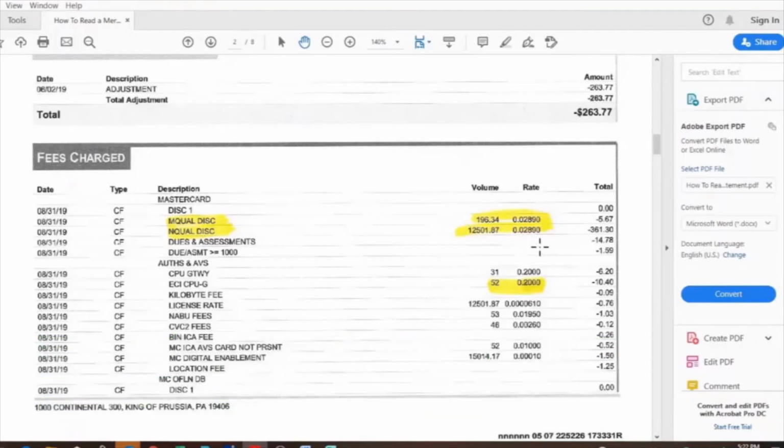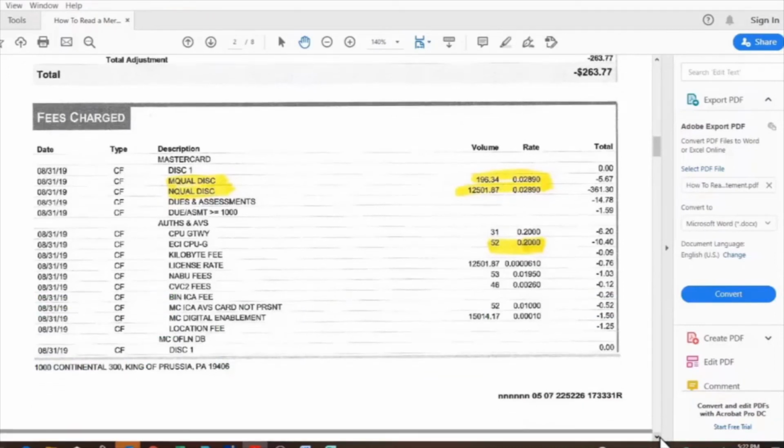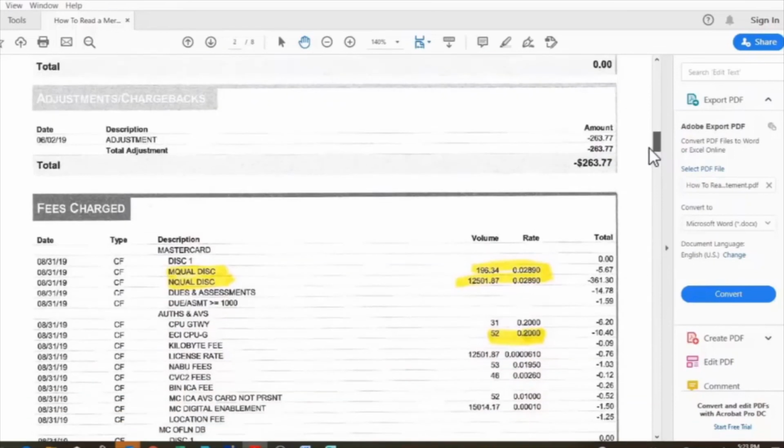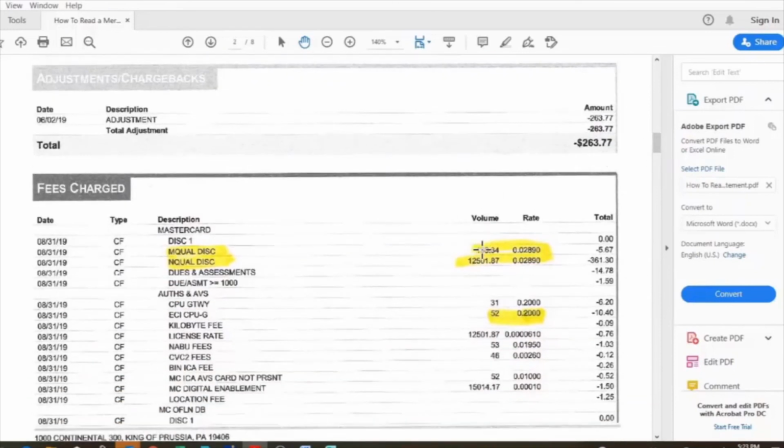This particular merchant has a rate of 1.89%. 0.0189 is the same as 1.89% for qualified cards. Mid-qualified is 2.89%, and non-qualified is 2.89%. So under MasterCard, this is the volume of mid-qualified cards they had, the rate, and the charge. Again, non-qualified, this is the volume, the amount, the rate, and the charge. That's the rate multiplied by the volume.